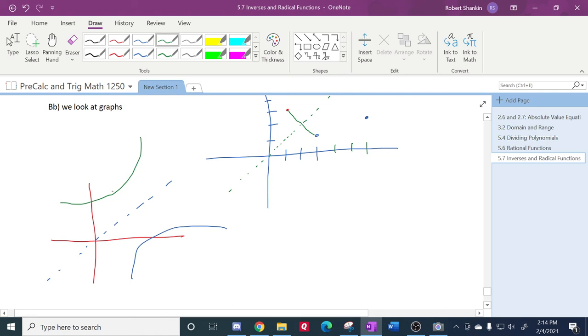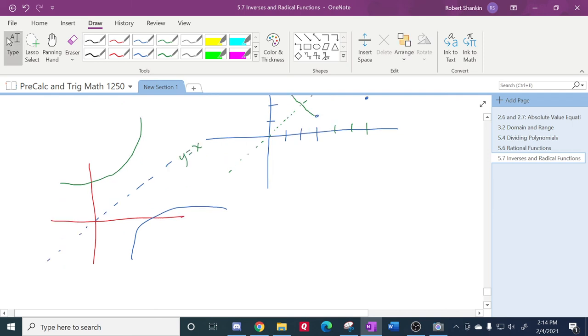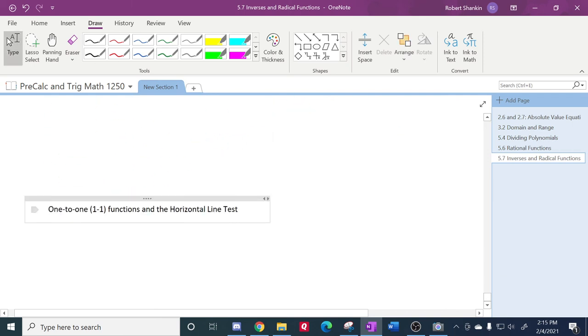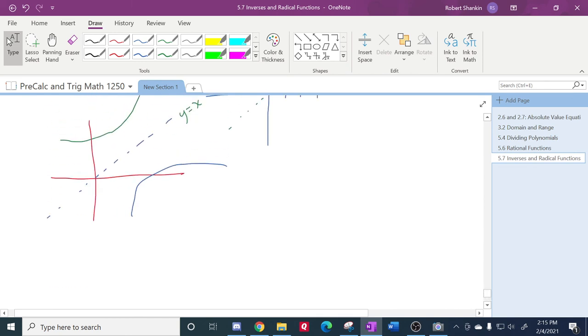So they will wind up being identical images, as if you folded your paper across this dotted line. The wet ink would come off right over here and make the two graphs. Okay, so they are symmetric across the line y equals x. And one-to-one functions and the horizontal line test.